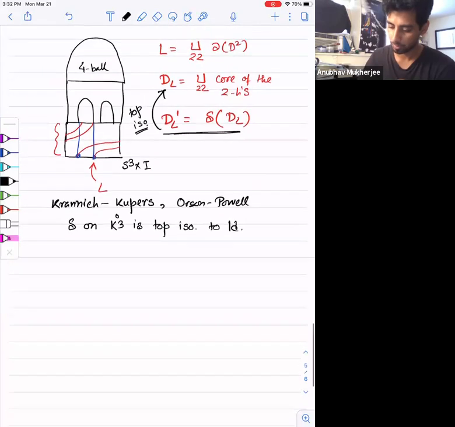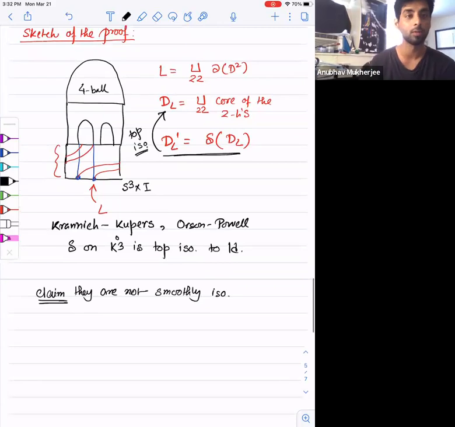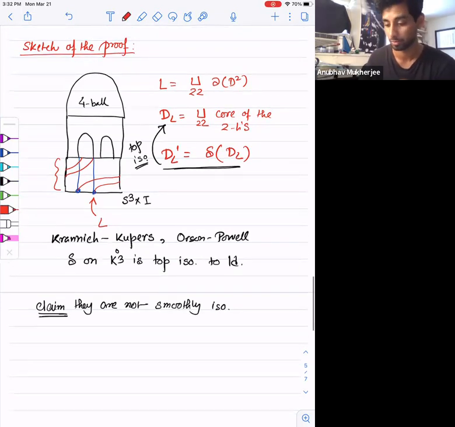So now the claim: they are not smoothly isotopic. And moreover, we now want to say something about stabilization. I can say that they are actually not smoothly isotopic even after connected sum with S2 cross S2. Since everything is simply connected, I can connected sum anywhere I want.